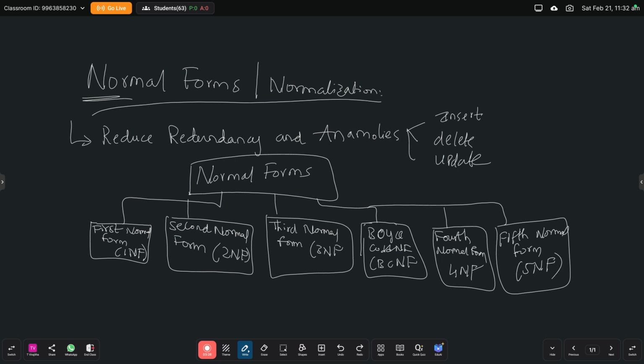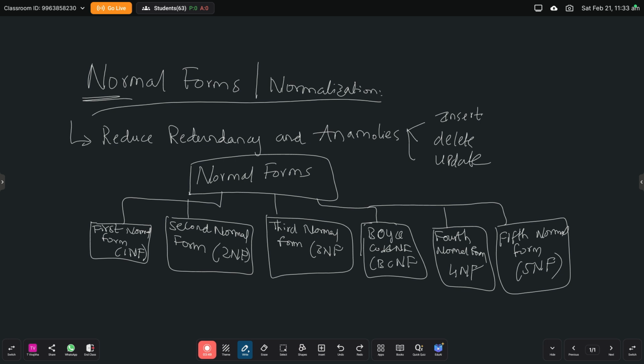So including BCNF, we have 6 normal forms. But whenever the question is asked, you have to say 5 normal forms with BCNF. Clear? When the question is asked about normal forms, you have to draw this diagram first.